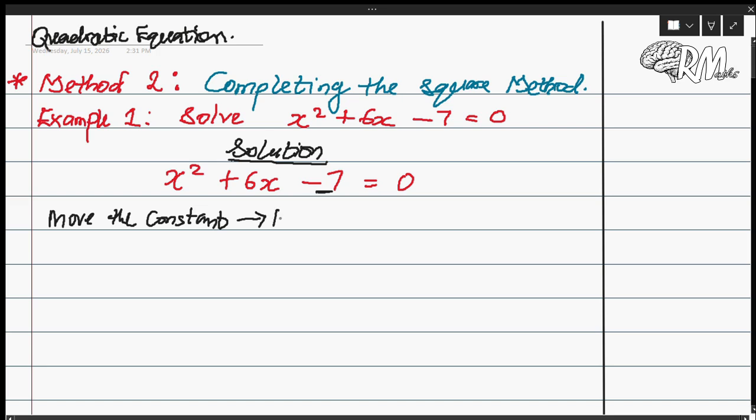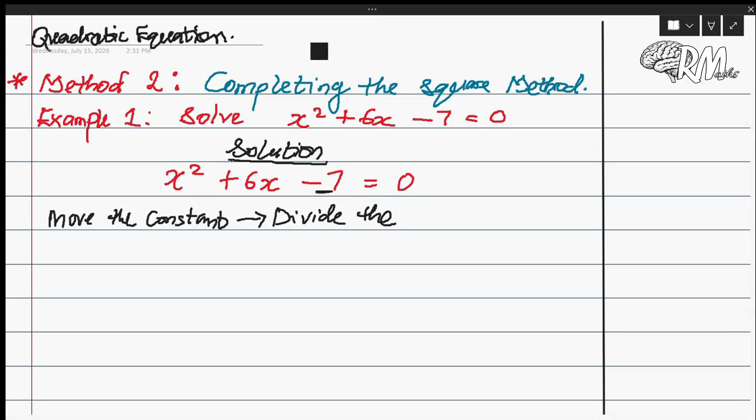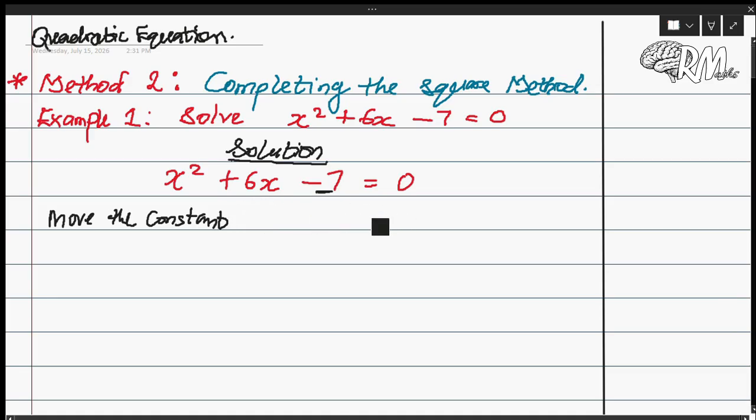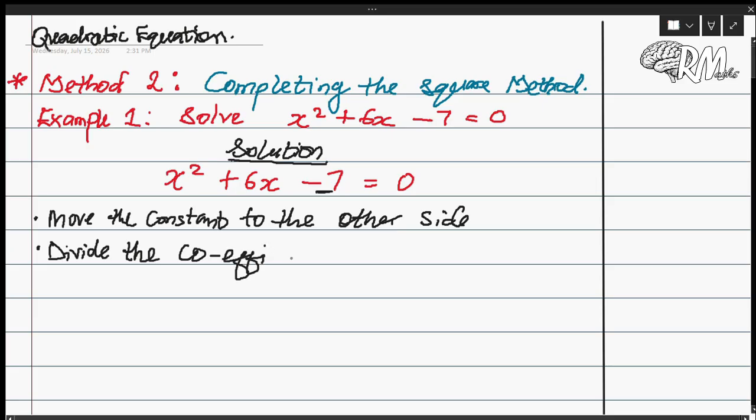Then I will divide the coefficient. Sorry, let me write it like this so that we can understand. Move the constant to the other side. Then the second one, I'm going to divide the coefficient of x by 2.